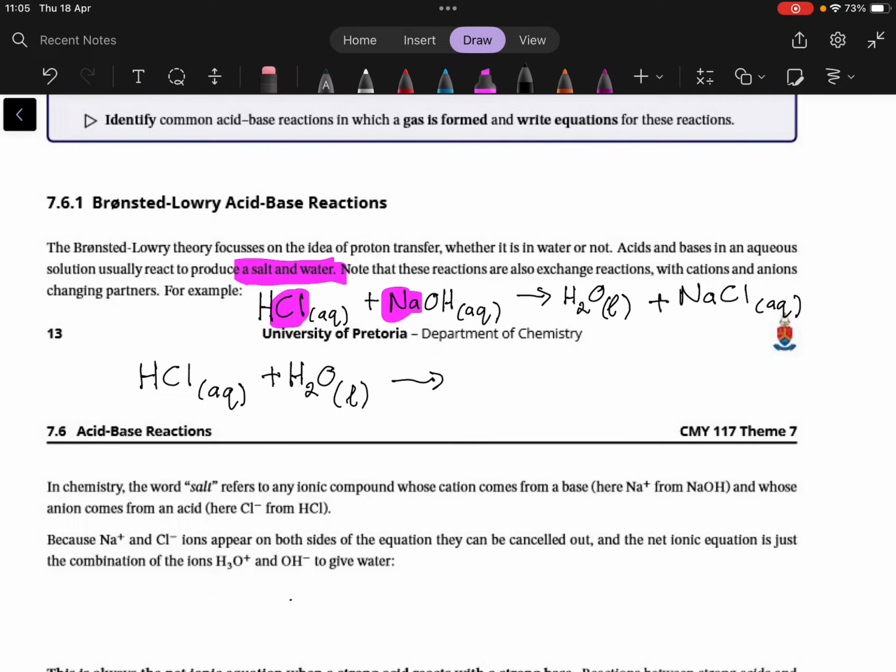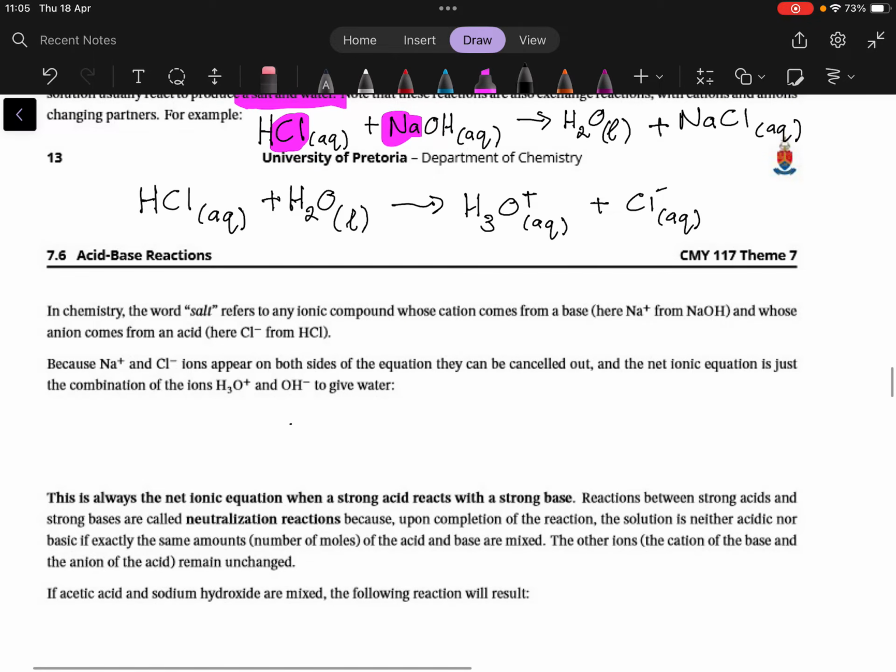And what will it completely ionize to? It will form hydronium cations, also in solution, and chlorine anions, also in solution. In other words, we can actually look at HCl in aqueous solution as H3O+ and Cl-.